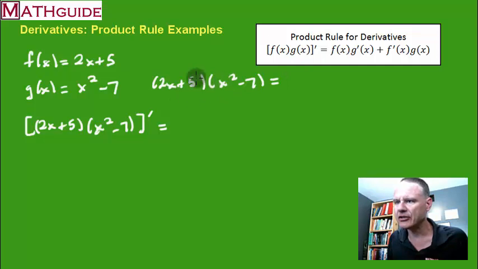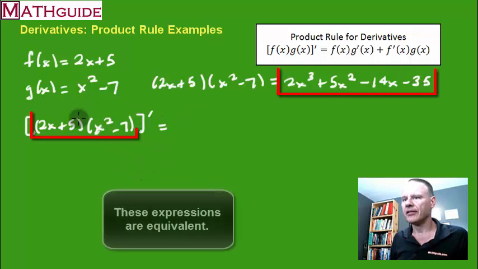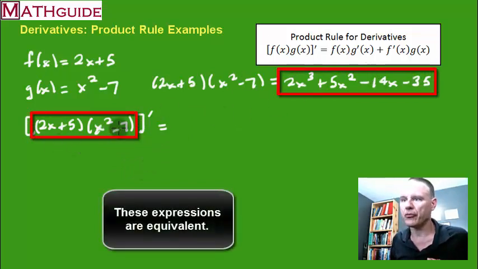I'm going to get x squared times 2x, which is 2x cubed. Then x squared times 5. Then 2x times negative 7. And 5 times negative 7. All right, so this is really what the product is. If I were to take the product of these two, I get this.